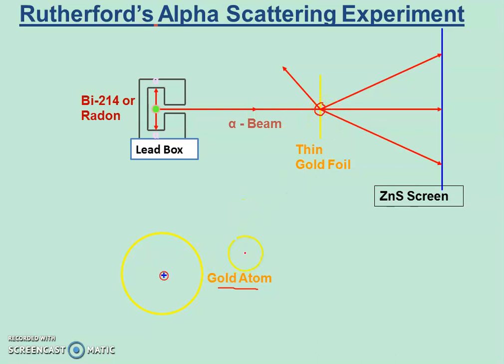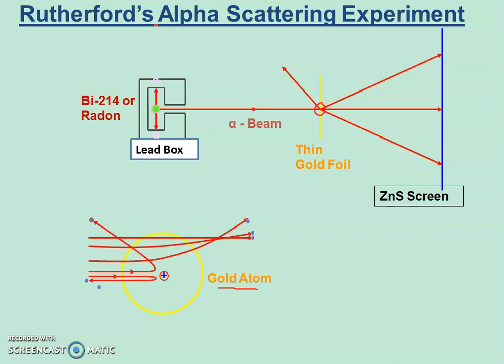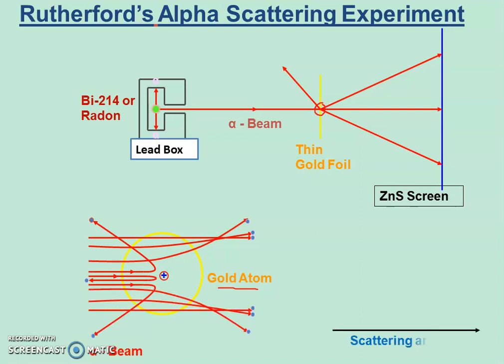When these alpha particles strike the gold atom, few particles pass through without any appreciable deflection. Few particles are deflected slightly, and few particles which are nearer to the nucleus are deflected by a big angle, right? So different alpha particles are scattered in different directions.